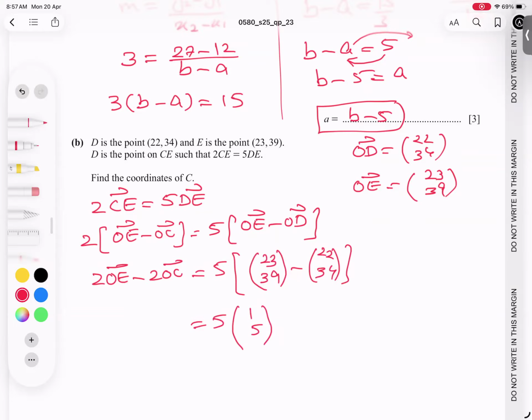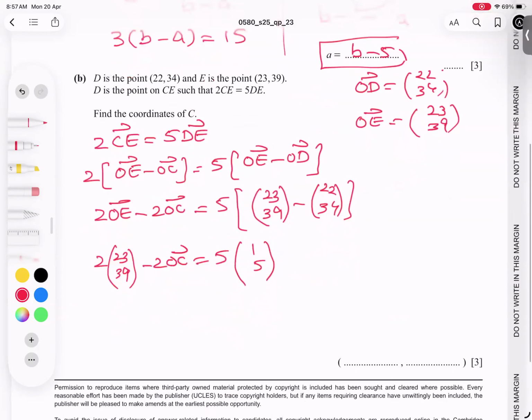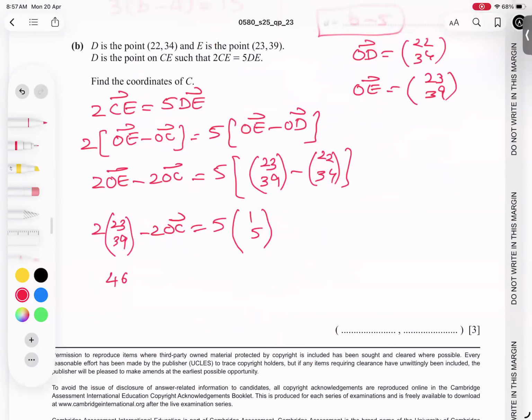Okay, this is 2 OE, and OE I can replace again by 23 and 39. And minus 2 OC, I'm not doing any change. So I got 46. Yeah, and 2 nines are 18, and 78. And 5 multiplied with both, I get this.